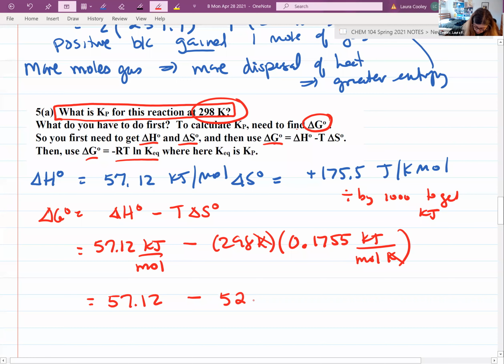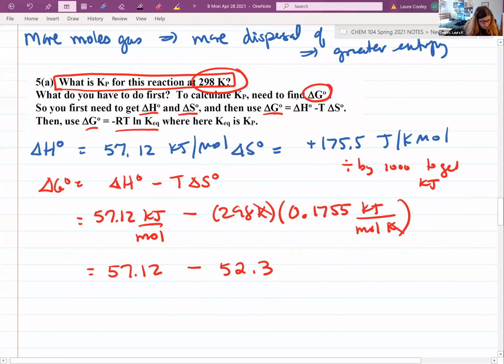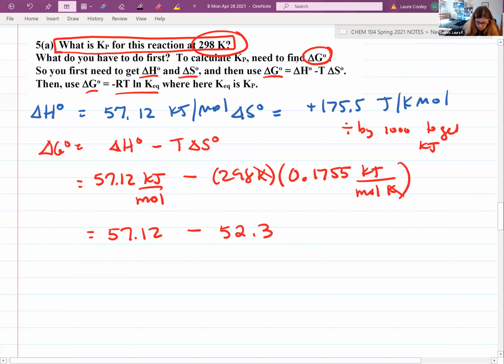minus 52.3. So you have 2 competing terms here because we have a delta H that's positive and a delta S that's positive. So this is a negative term here that's competing with this positive term. And which of these is going to dominate?